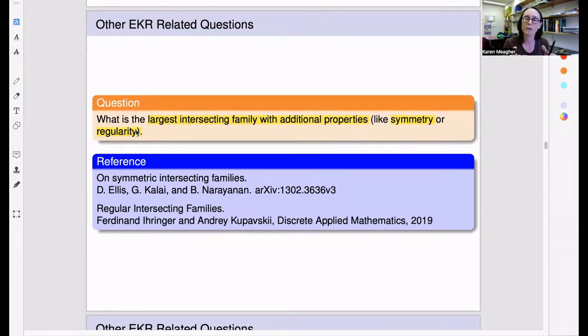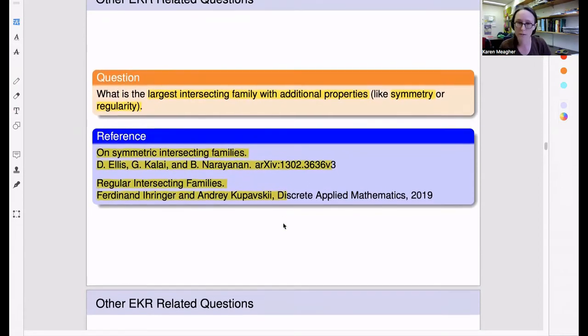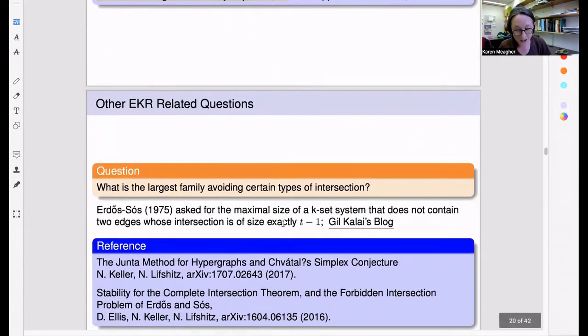When we have a canonically intersecting family, everybody has one, and all the other elements occur equally often, so it's very far from being regular because there's one object that's in everybody. What if we want all the atoms occurring equally often? There are a couple of papers on symmetric intersecting families and another paper looking at regular intersecting families. Oh my goodness, there are lots of questions.